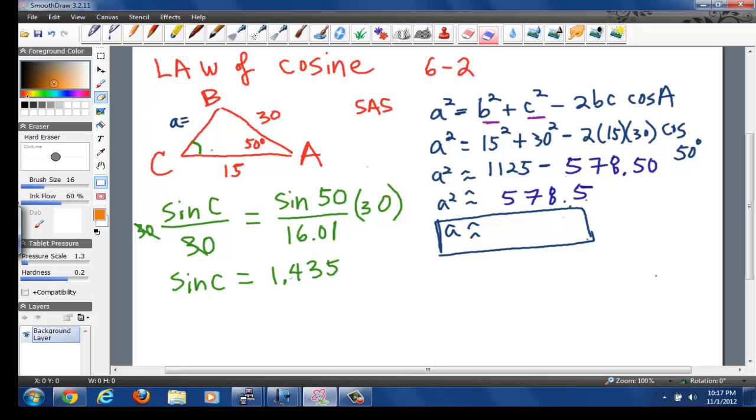We want bright colors here. So let's take the square root of 578.5, and you're gonna get about 24. 24 is correct, so 24 is the one that we want right there.